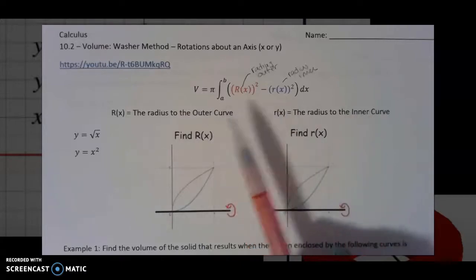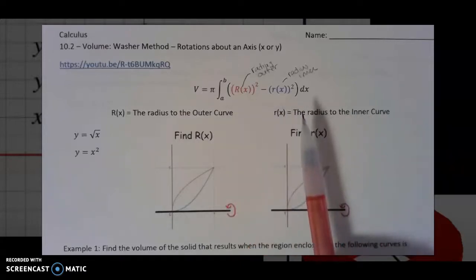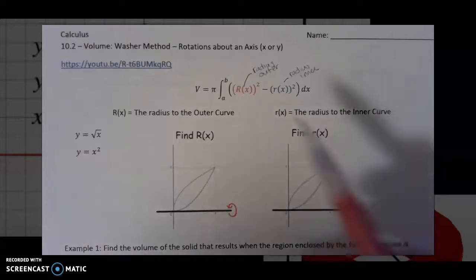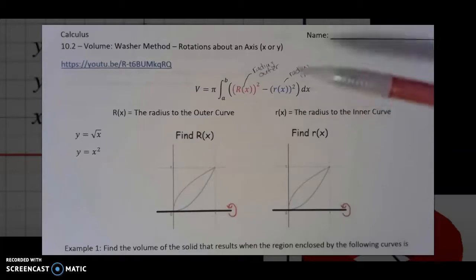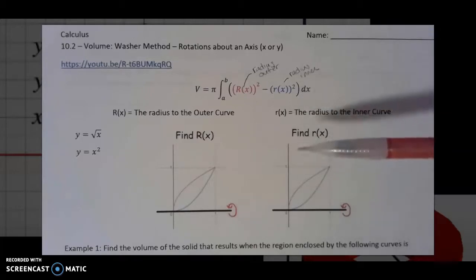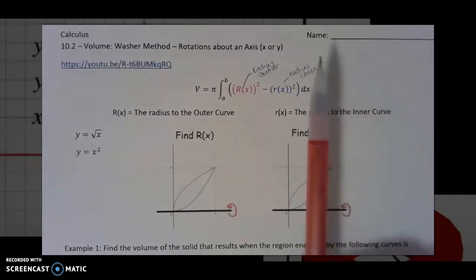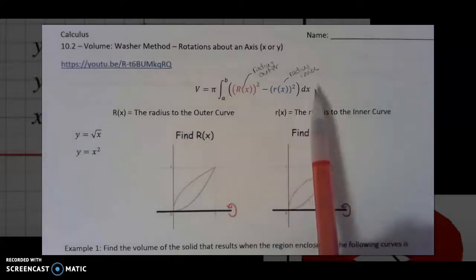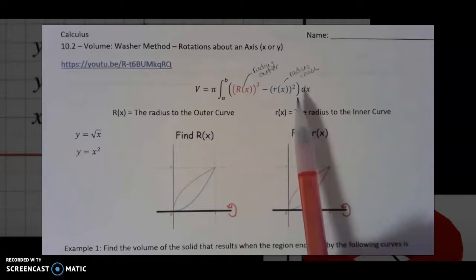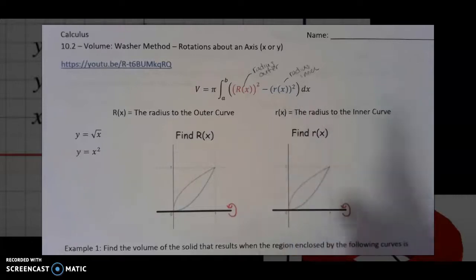Now this would look very similar if we're going to revolve it around, so this is when we're revolving it horizontally. And then if we're revolving it vertically, remember all of these values change to be y values, no longer x values. So we'll make sure we do an example of both of those.